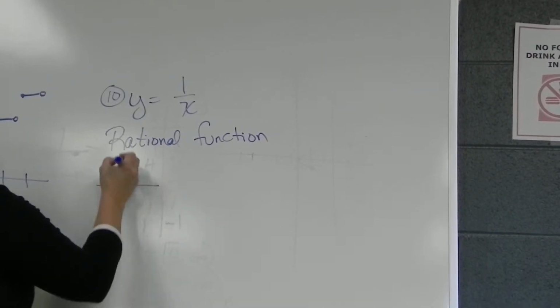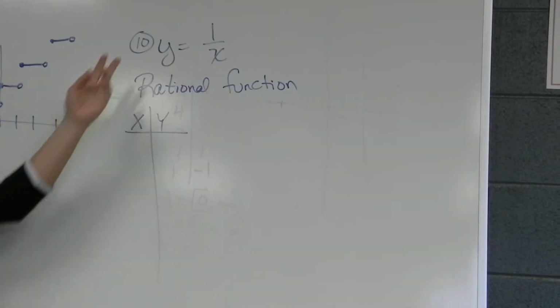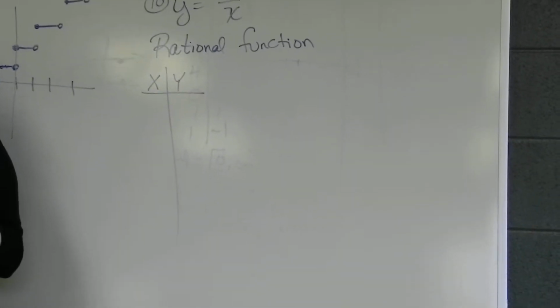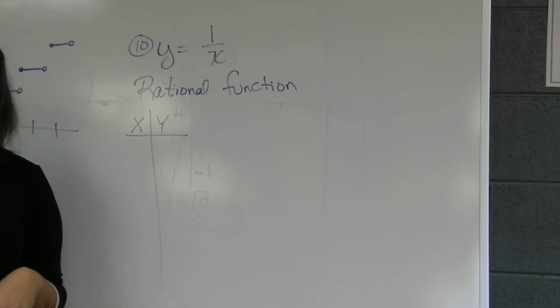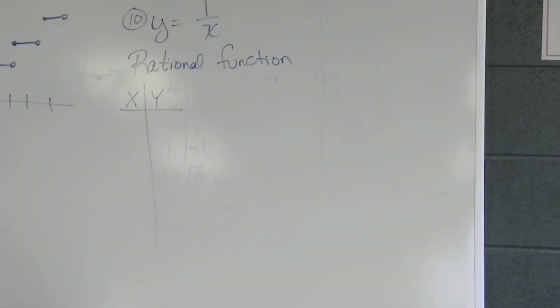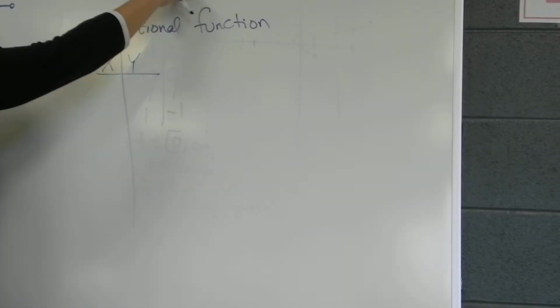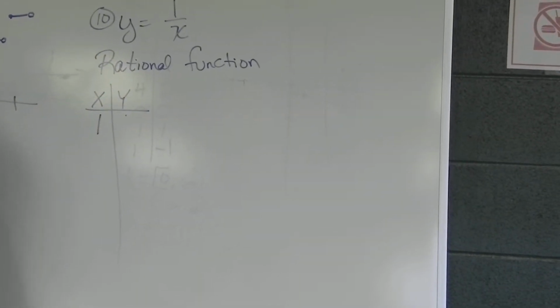So let's talk about some solutions. So think of some xy points that makes this statement true. Okay, somebody else needs to say a point. Plug in something for x and tell me what you get for y. Plug in 1 for x, and y will be 1 over 1, so what is that? 1, that's right.